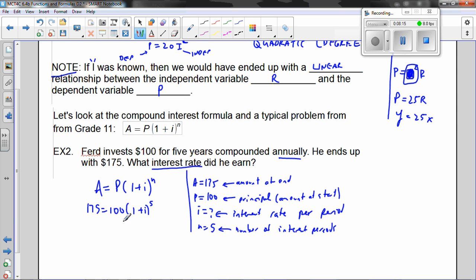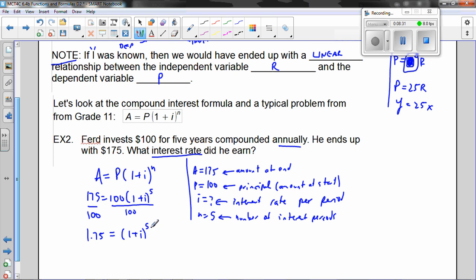I want to get rid of the 100, want to get rid of the 5, get rid of the 100 first. The opposite operation of multiplying by 100 is dividing by 100. We were solving equations like this not too long ago. What's the opposite operation of exponent 5? Well, it's exponent 1/5, or the 5th root, whichever way you prefer.